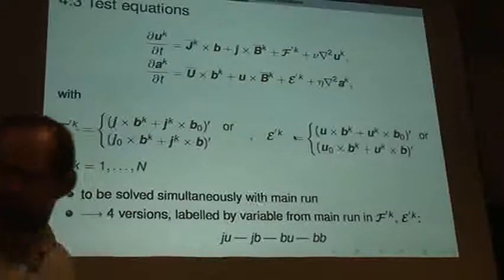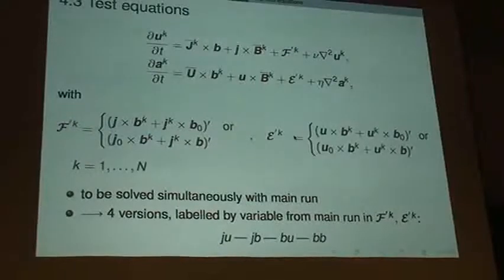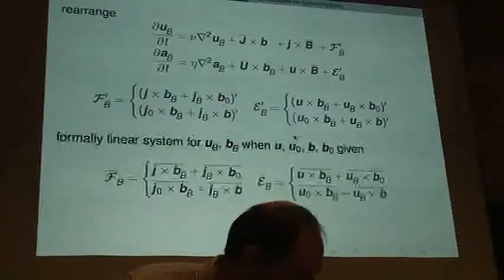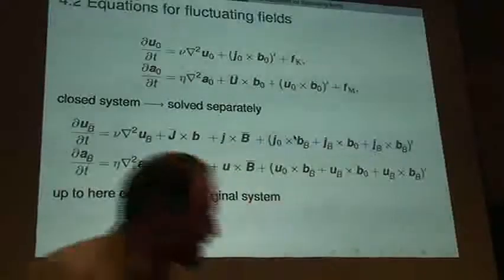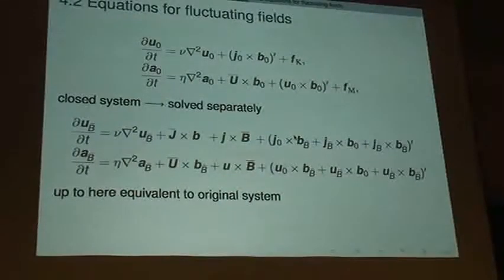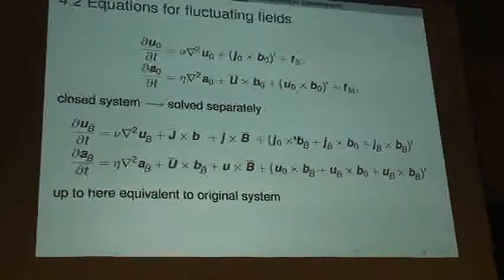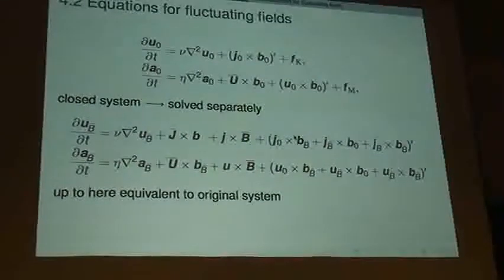Where do you get the B0, from a separate run? Separate equation, not a separate run. You solve them all simultaneously, independent, in parallel. You have the main run, you have in addition these runs, and then you have the real test field method run in one of the 4 versions, or if you want all 4.